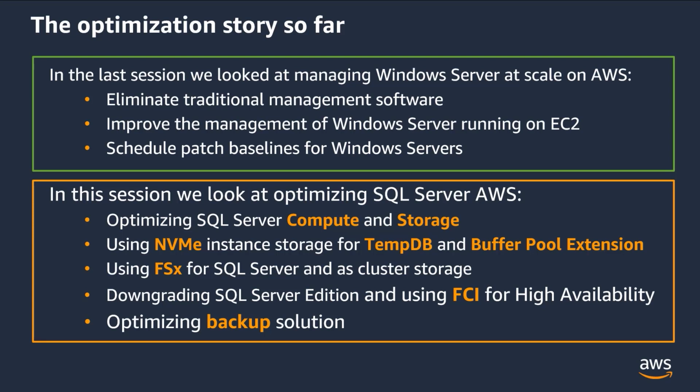To achieve this goal, we will attempt to separate compute and storage requirements, review recommended changes to the AWS instance family used to host the SQL Server deployment, consider the benefits of using Amazon Managed File Server for Windows, or Amazon FSx, and evaluate options for downgrading SQL Server from Enterprise to Standard Edition. Finally, we will look at optimizing the backup solution for SQL Server databases.